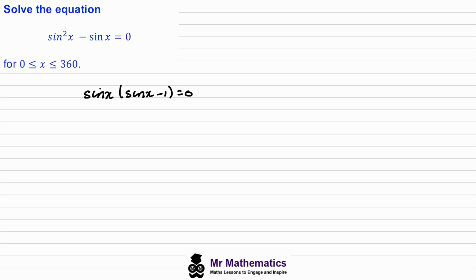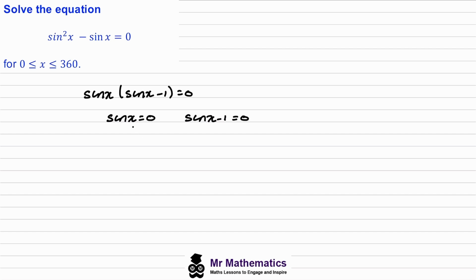Thus, can you see that when we multiply this sine x by this sine x, we get the sine squared x, and then when we multiply the sine x by the negative 1, we get negative sine x. So now to solve this equation, we need each of these terms to equal 0. So our solutions will be when sine x equals 0 and when sine x minus 1 equals 0.